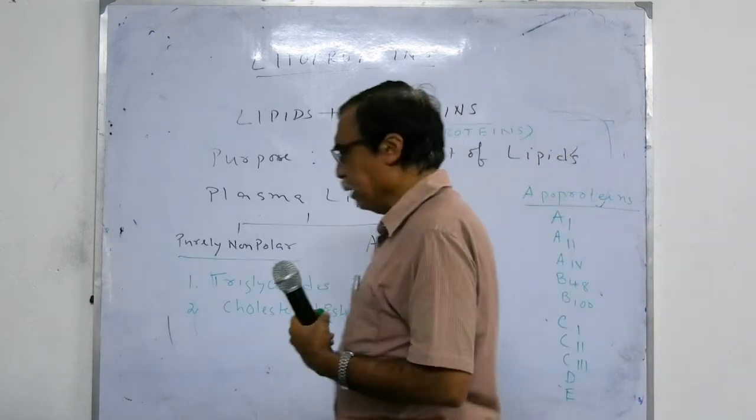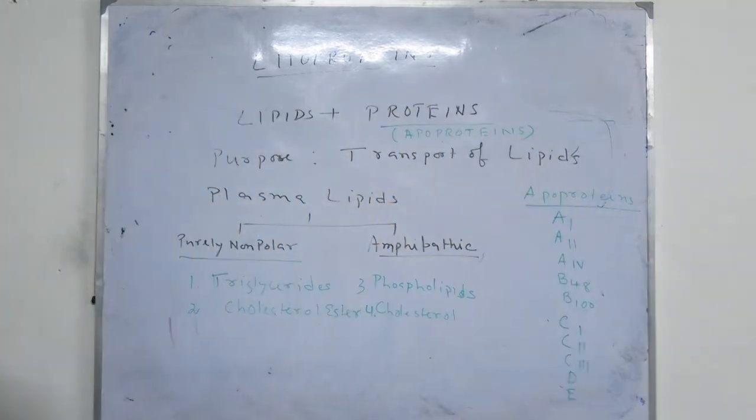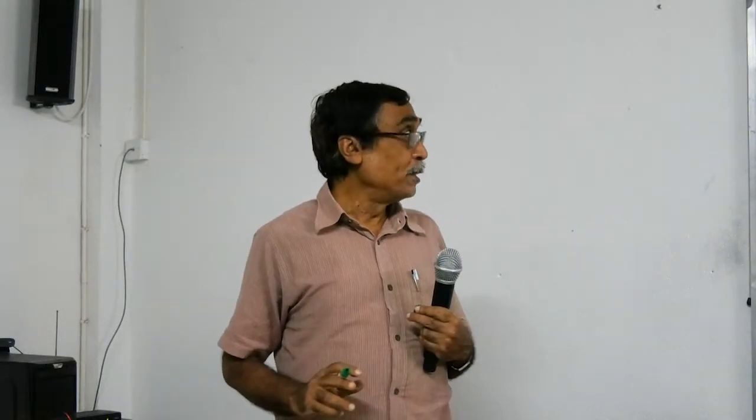In order of A, B, C, D, E, we have arranged them. Now I will tell which apoproteins are present in which lipoproteins. These are the apoproteins which are present in the lipoproteins.